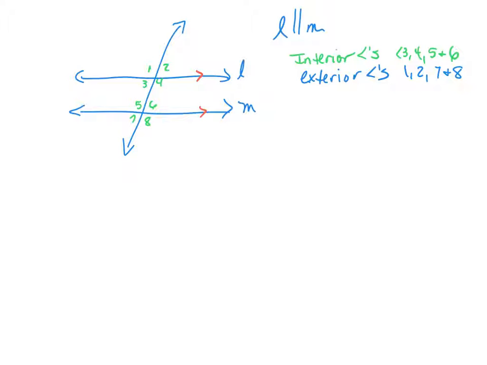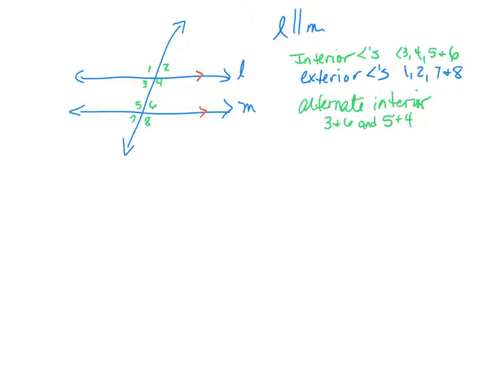Very good. Okay, the alternate interior angles and vertical angles, which we've already learned about, are the two types of angles that show up the most on the SAT and ACT. So whenever you see the words parallel lines on the SAT and ACT, look for alternate interior angles because that might get you out of trouble.